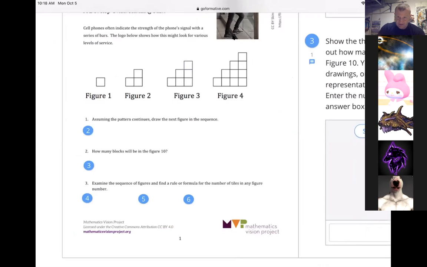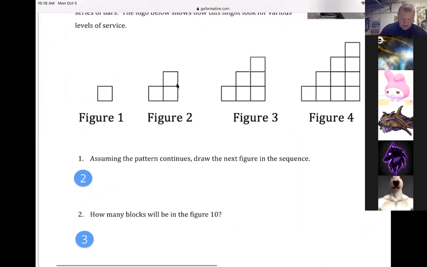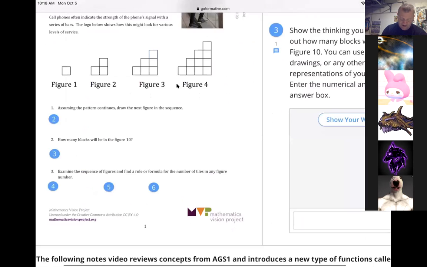Okay, guys, let's draw everybody together here. I'm seeing some good stuff when I'm looking at your work. Assuming the pattern continues, draw the next figure in the sequence. It was like 1, and then 2, 2, 3, 3, 4, 4, and then it had 5s on it, right?